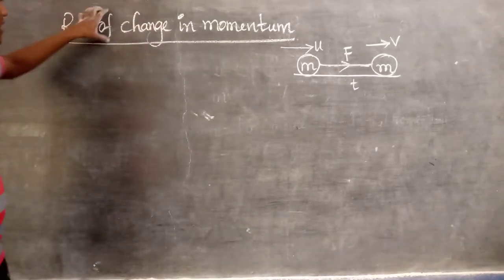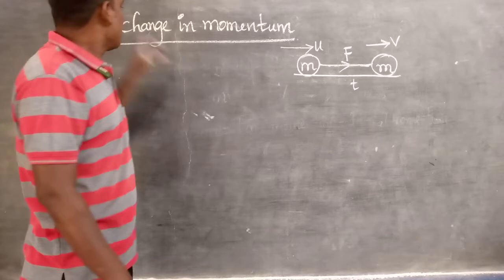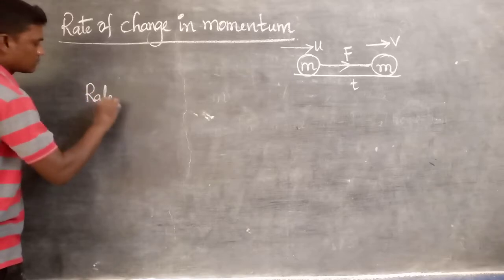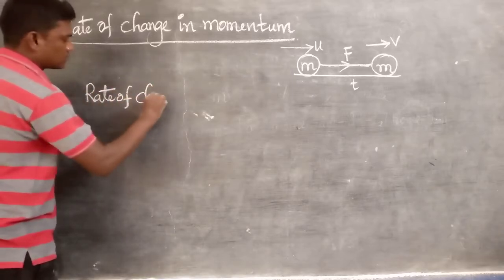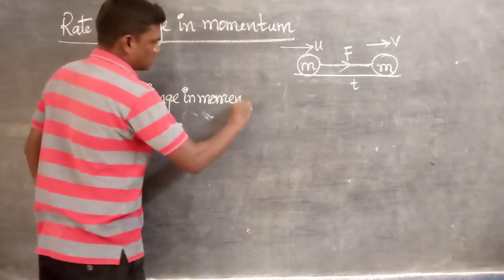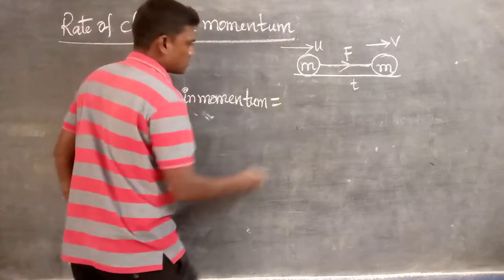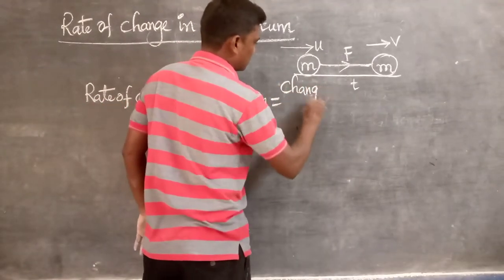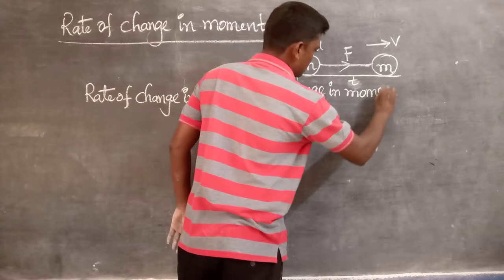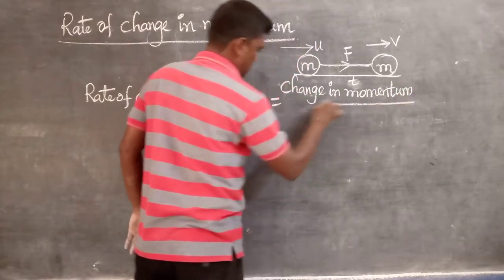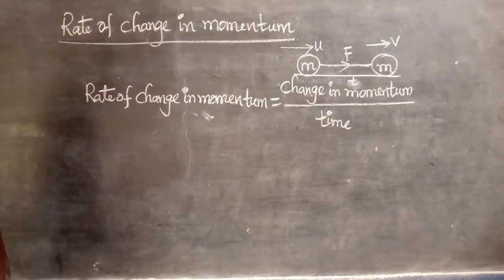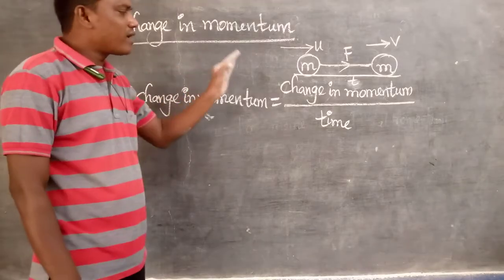But what is the meaning of rate of change in momentum? Here rate is nothing but simply time. So rate of change in momentum is equal to change in momentum upon time.